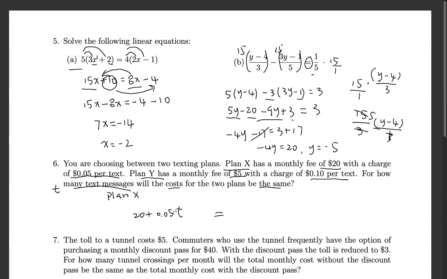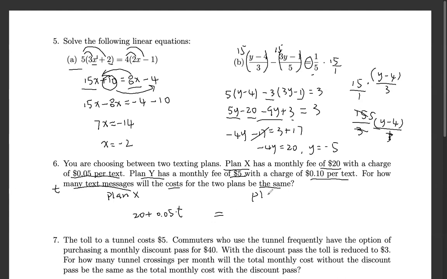So this is the rate of change. 0.05 is dollars over how many text messages, then multiplied by T many text messages. So the whole amount is the money for sending T text messages.